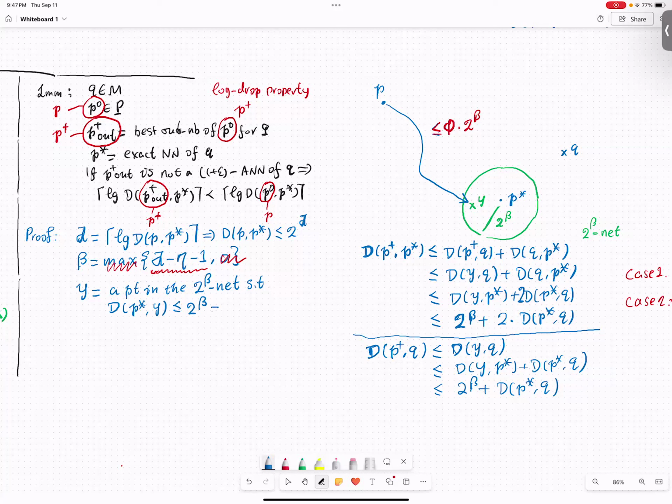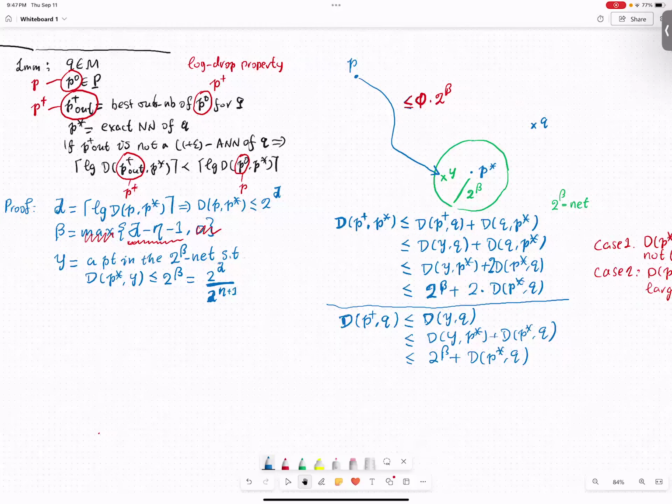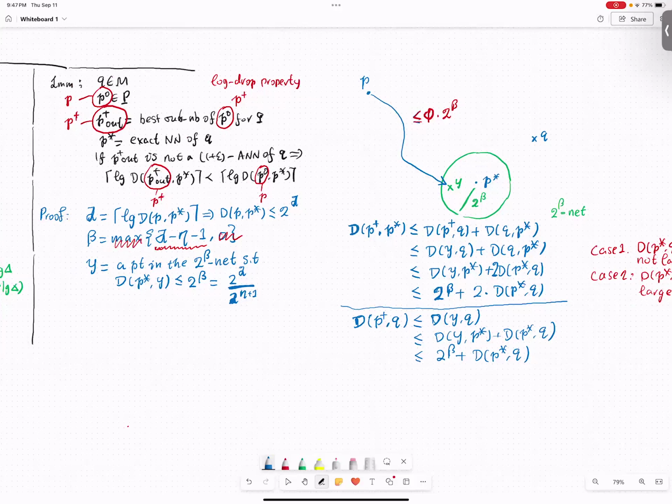So 2 to the power of beta, if I rewrite it a little bit, is basically 2 to the power of alpha over 2 to the power of eta plus 1. All right. So next, very importantly, I have to argue that this Y is an outneighbor of P.